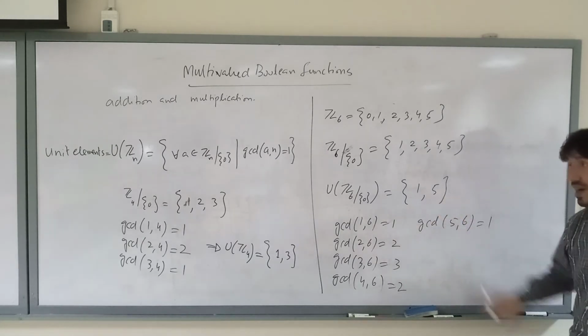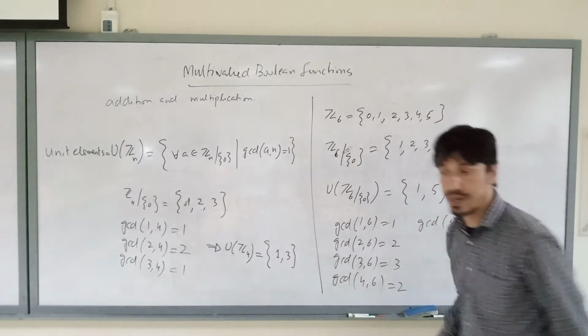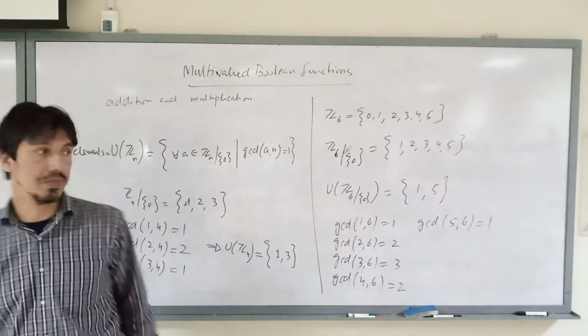Z6 is 1 and 5. It means it has only 2 elements in that set whose inverse is possible.